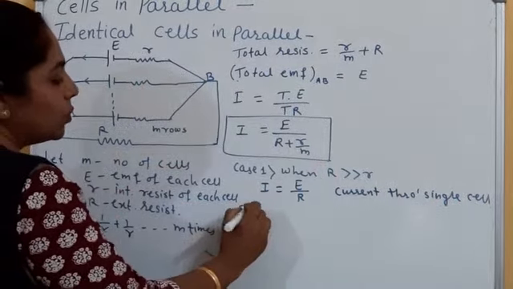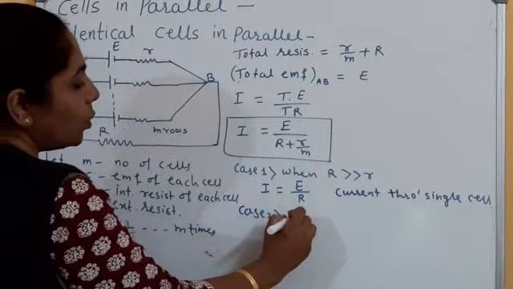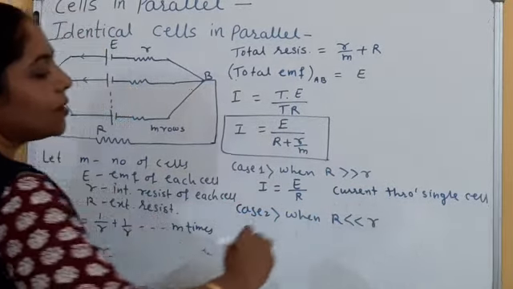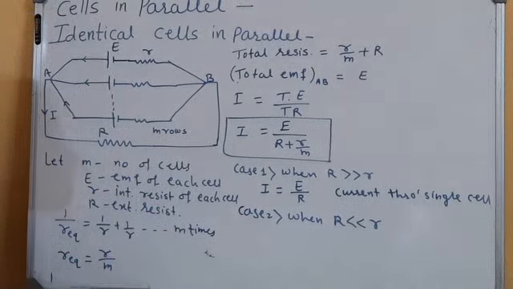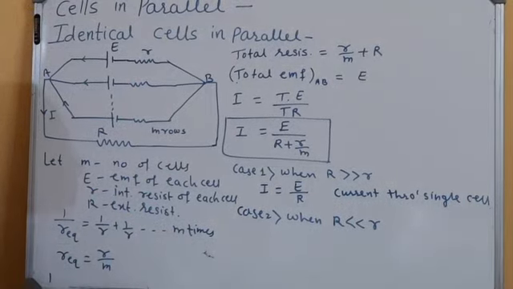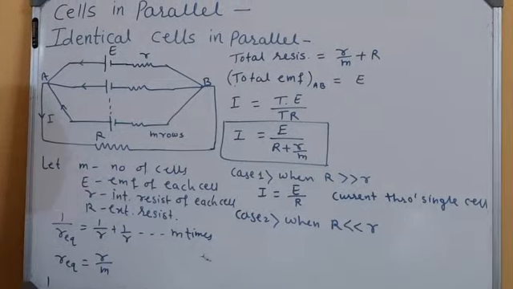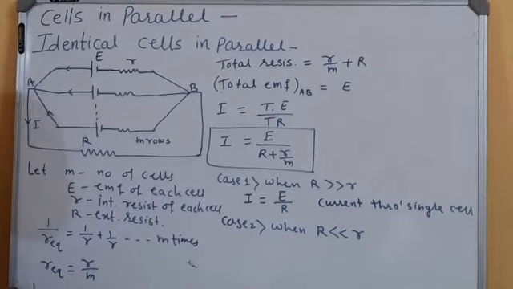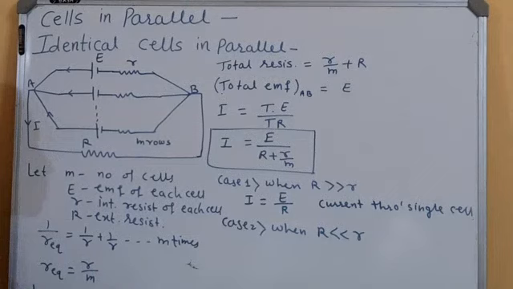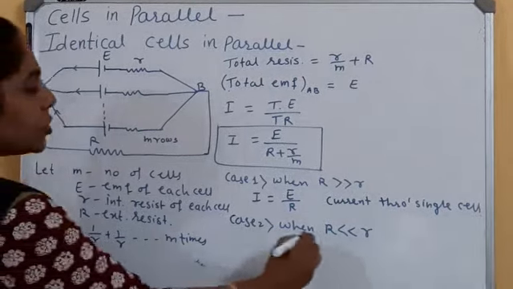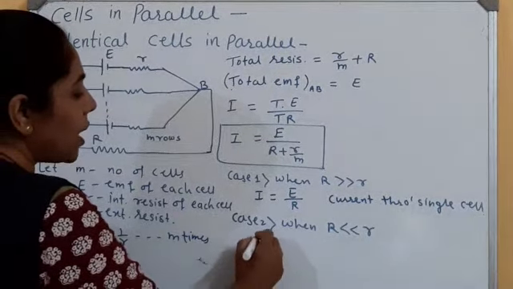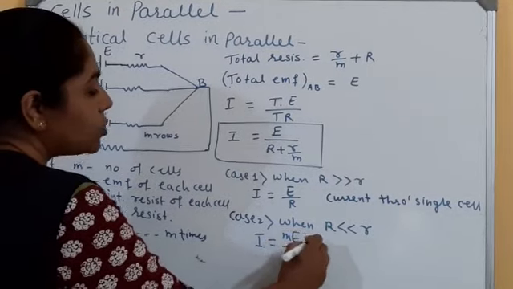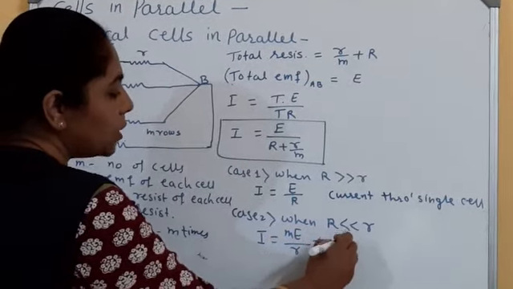Now case 2. When R is less than small r, means the internal resistance of the cell is large. You can say that the cells are old, used ones, so their internal resistance is large. So in that case your current I will come E upon r by m. So it is m times E by r.